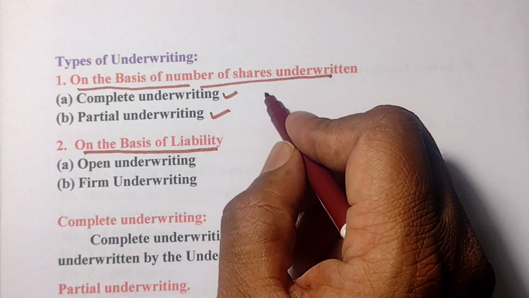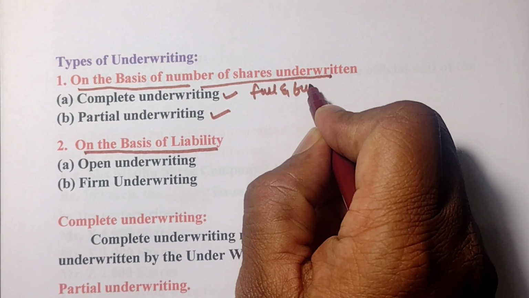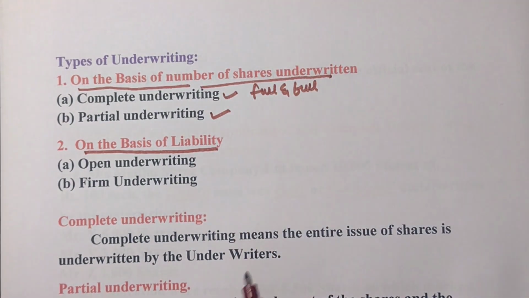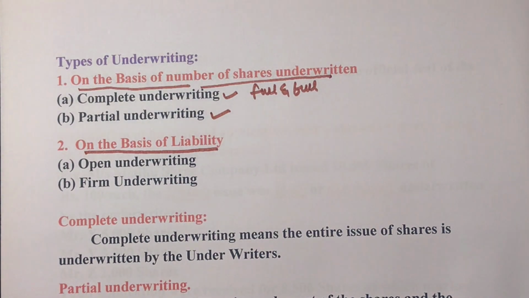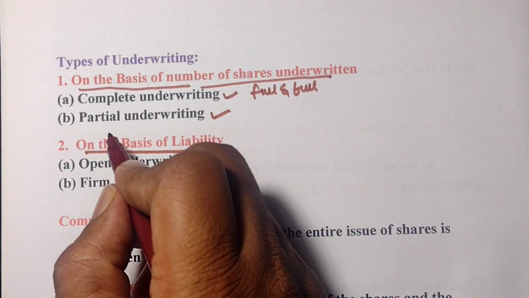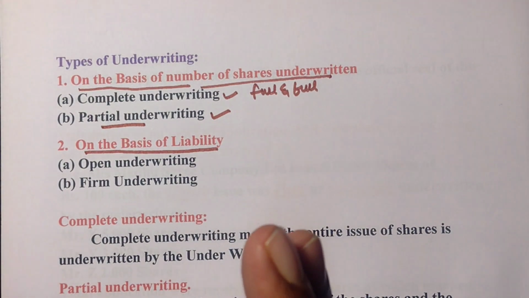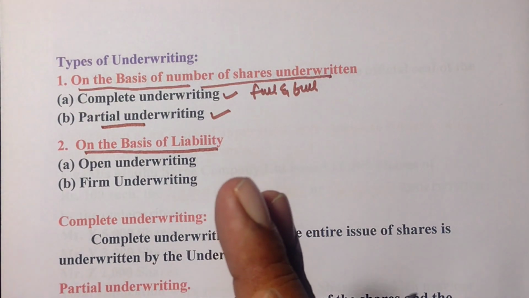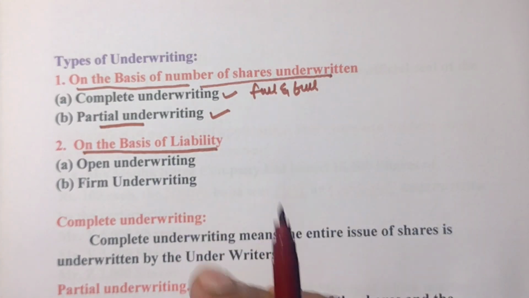Complete underwriting means the entire issue of shares is underwritten by the underwriters only. They will sell and give it to the company. And in partial underwriting, only part of the shares issued by the company will be underwritten by the underwriters and the remaining will be sold by the company itself.